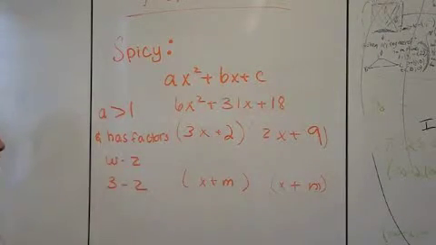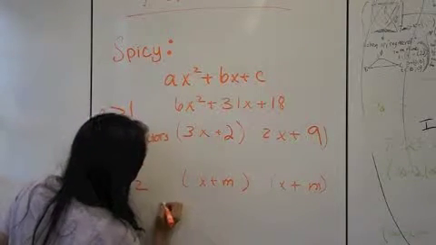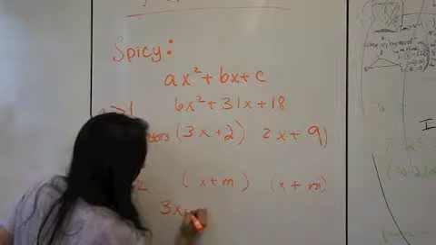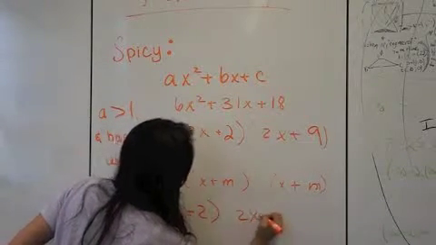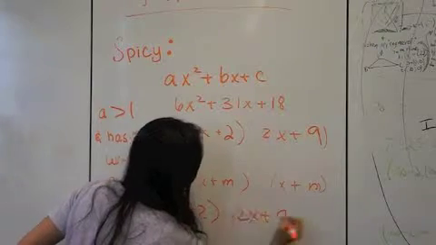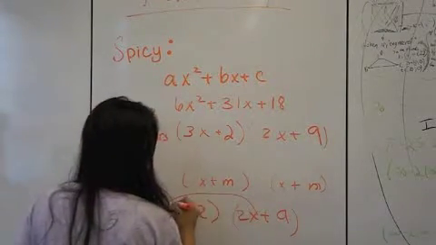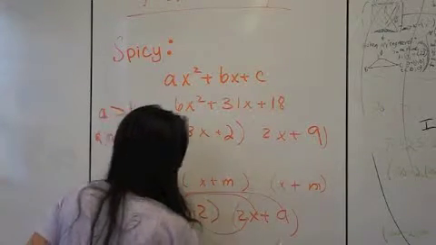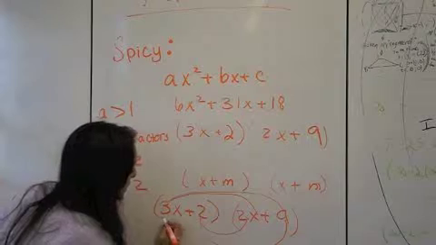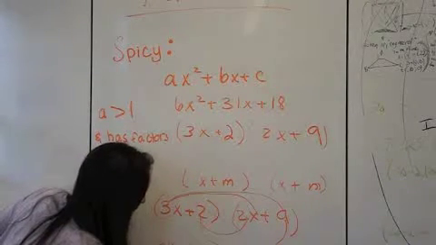And now, to check this, you have to do the process of FOIL. So let's rewrite the problem: 3x plus 2, 2x plus 9. First you go to that side and multiply these. So 3x times 2x would be 6x squared.